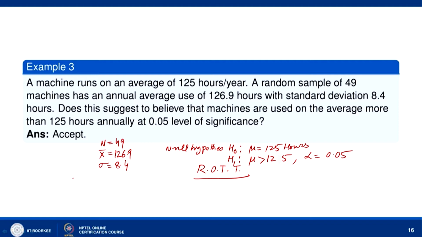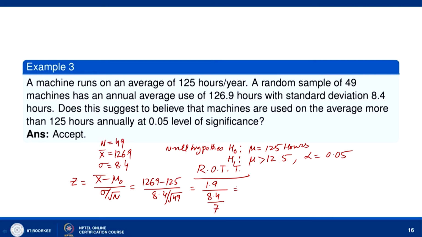Now, let us find the value of z. Z is equal to x bar minus mu naught divided by sigma over root n. So, x bar is equal to 126.9 minus mu naught, which is 125, divided by sigma equal to 8.4 divided by root n, n is equal to 49. So, we have plus 1.9 divided by 8.4 over 7.